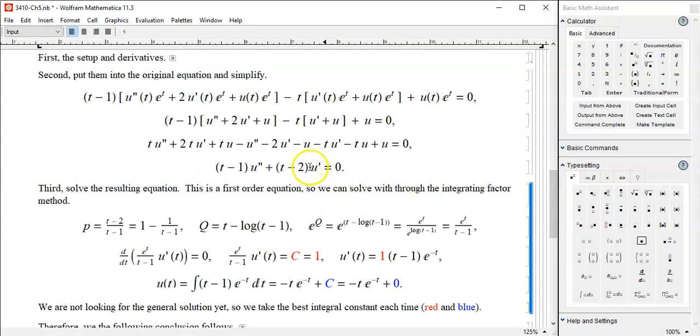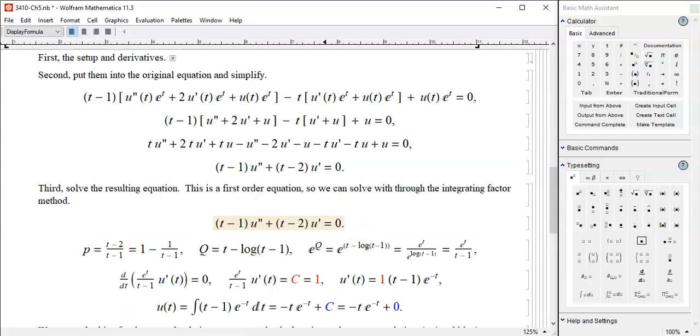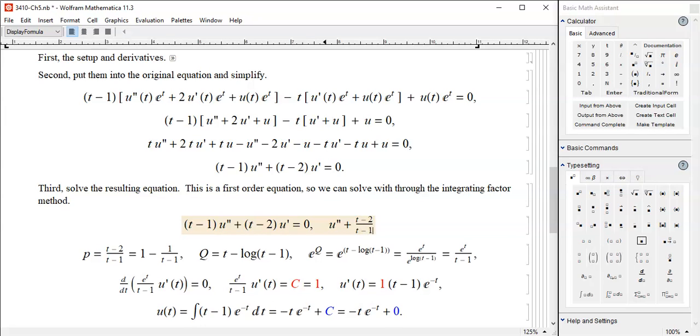So, okay, let's work it out. So u double prime plus t minus 2 over t minus 1 u prime is equal to 0.